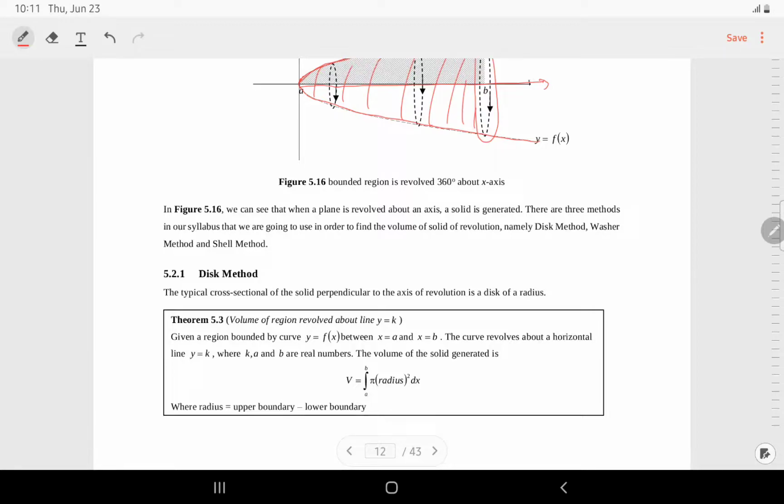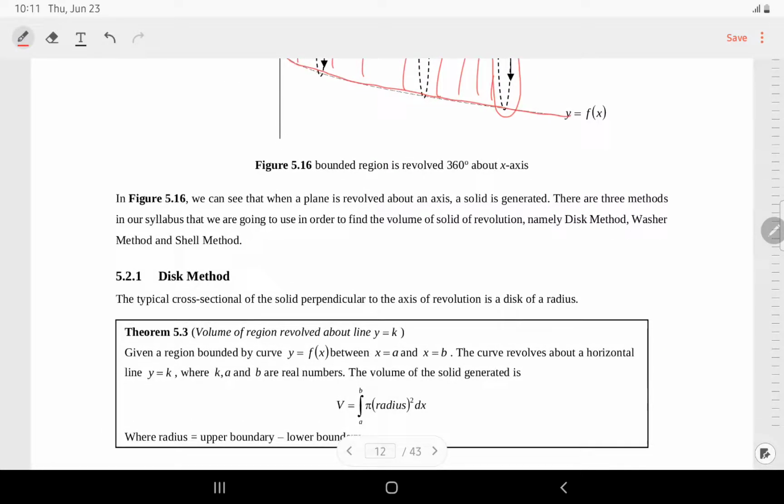So there are three methods in our syllabus that we are going to use in order to find the volume of solid. The first method is disk method, second washer method, and shell method. So in this video, we will discuss about disk method and washer method first.